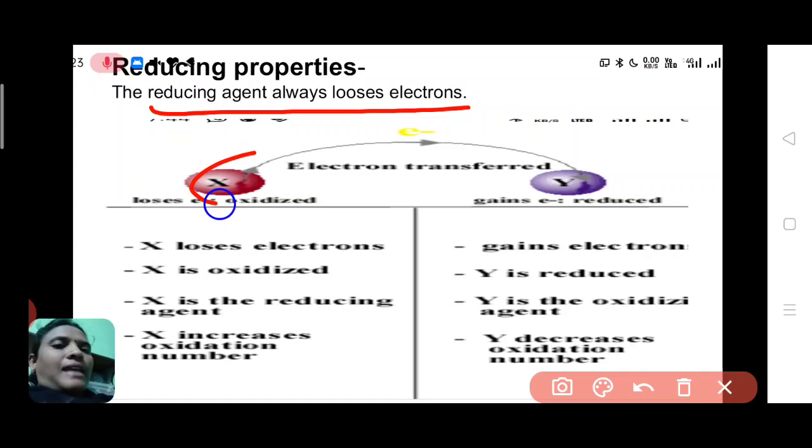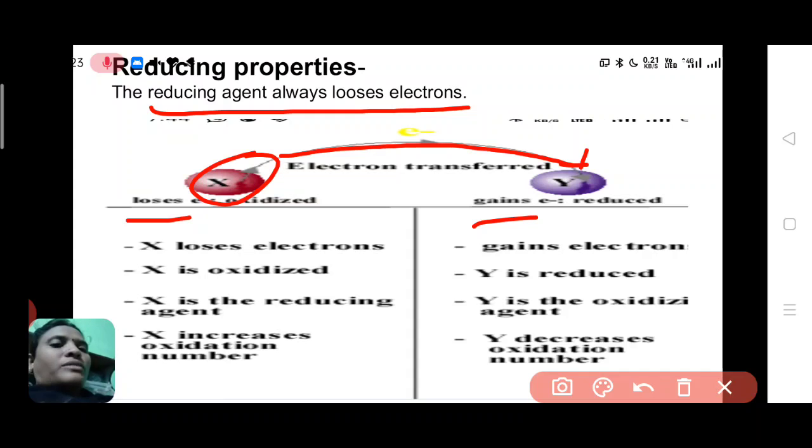See here, when this element loses one electron, it means it is giving the electron to this element. So X is losing an electron while Y is gaining an electron. Losing of electron is called oxidation, and gaining of electron is called reduction.